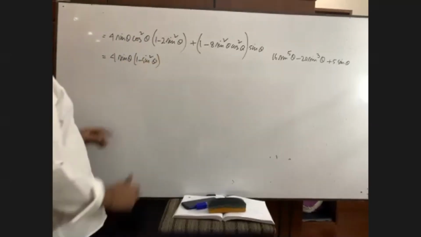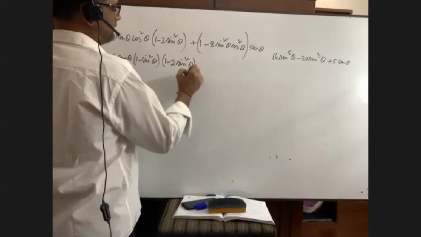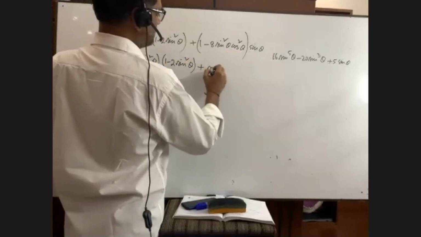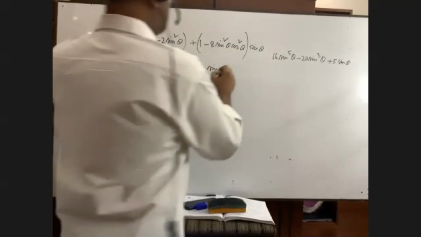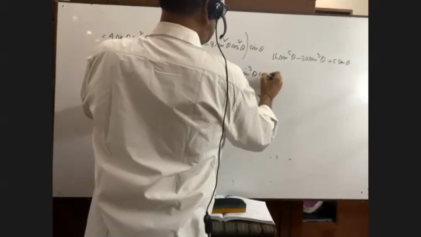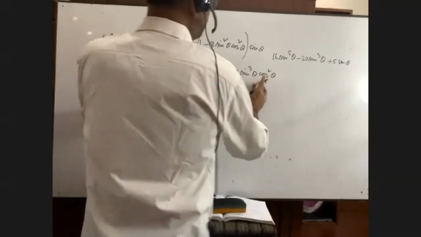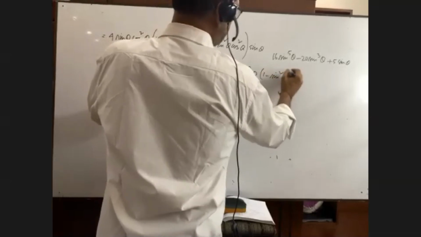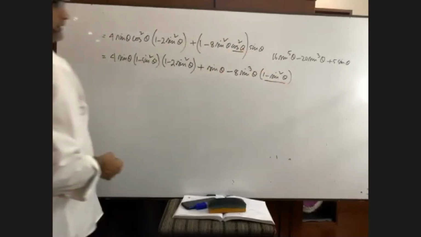Into 1 minus 2 sin square theta, plus you multiply it, sin theta, minus 8 sin cube theta cos square theta. Now this cos square theta, I have written 1 minus sin square theta.